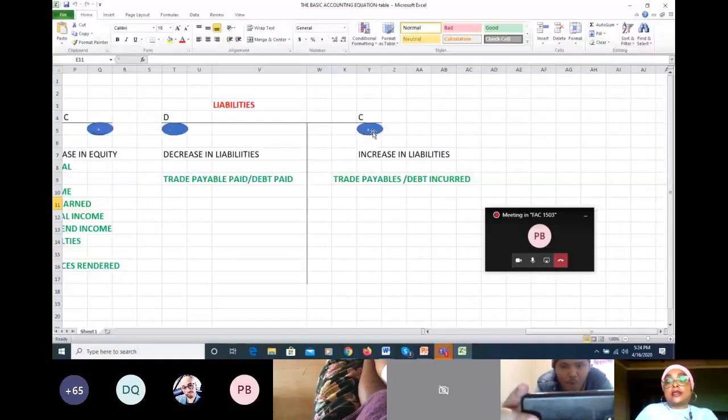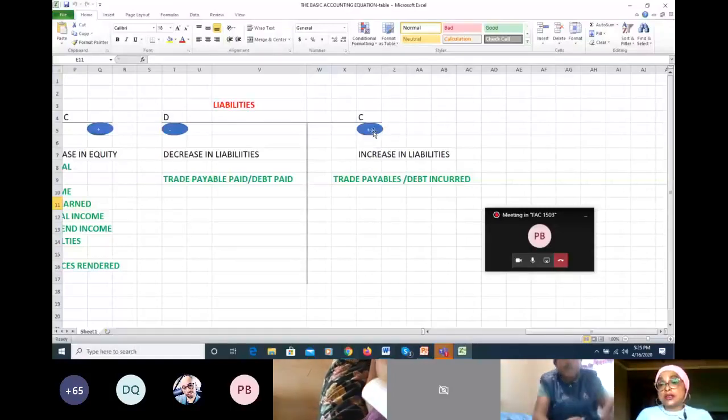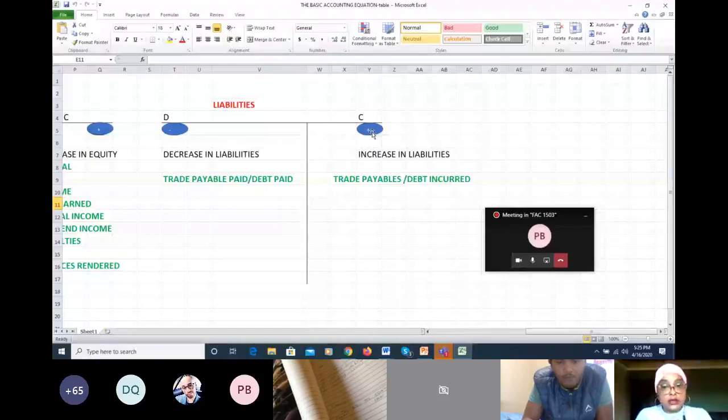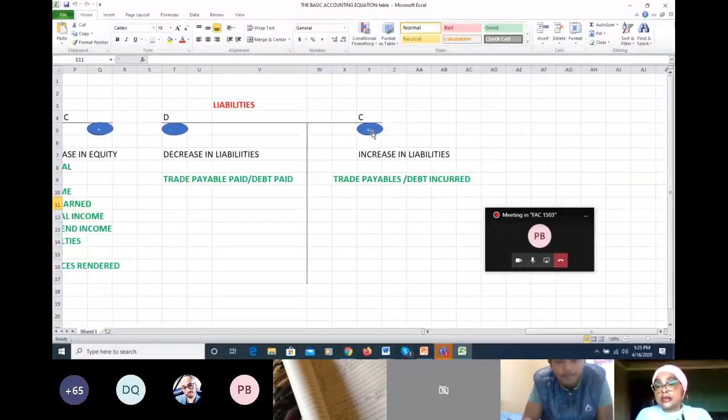So basically what it means is when I increase my liabilities, it means that when I buy something, when I go to Ford and say, give me another vehicle, a Ranger 2020 model, it's going to increase my liabilities, it's going to increase my headaches.